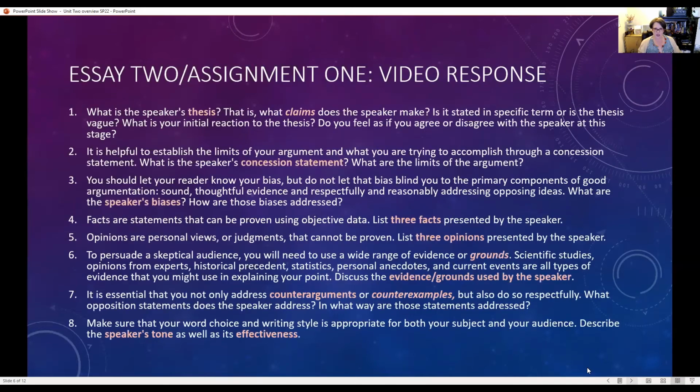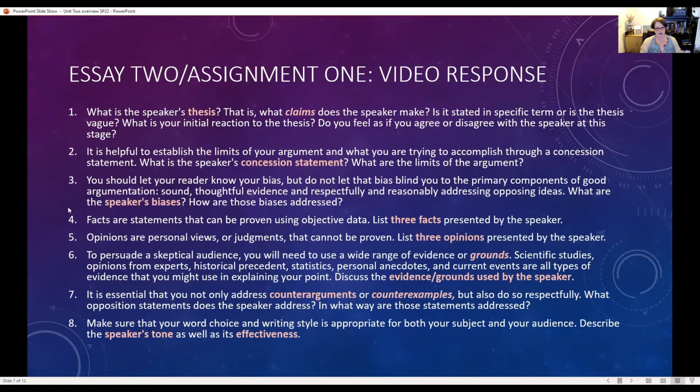So the reason we do this first assignment before you start writing any of your argumentative essays is to actually look at the speaker's argument that they're making, right? You are going to identify what their thesis or what their claim is, right? You are going to identify that there might be some kind of concession statement, that the speaker may be somewhat biased.